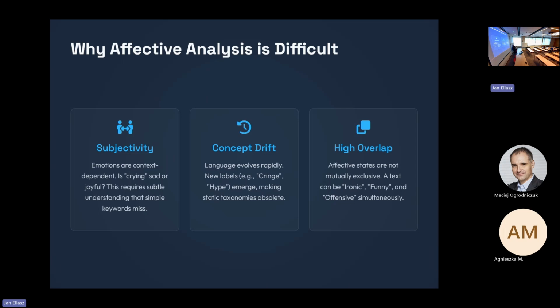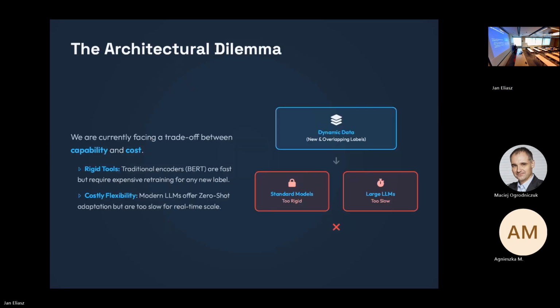Developing a model for this Imotagger that is dynamic is very crucial, and it's not an easy task. As you can see, we have this dynamic data, the texts that we want to label for specific affective states.